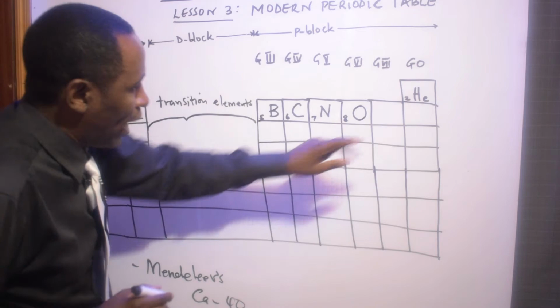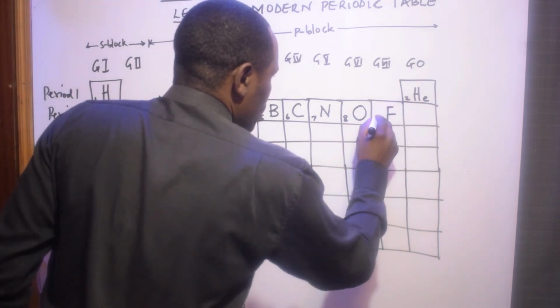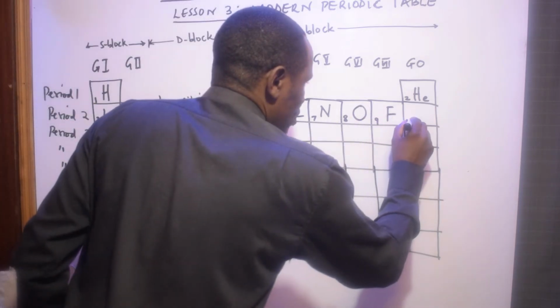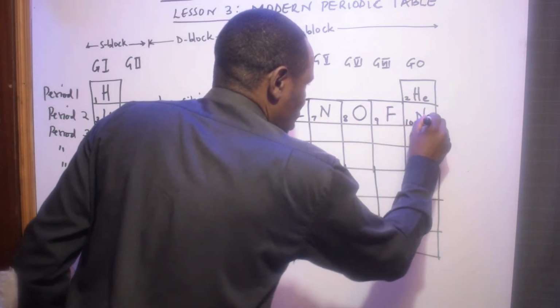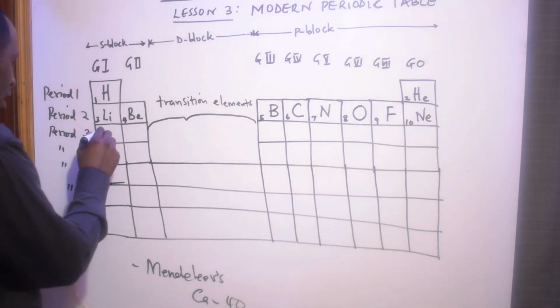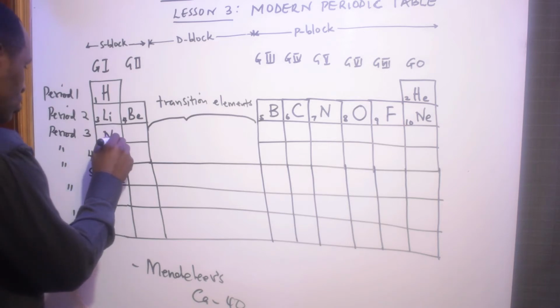Atomic number 9, fluorine. Atomic number 10, I'm going to have neon. Atomic number 11, of course, I'll have sodium.